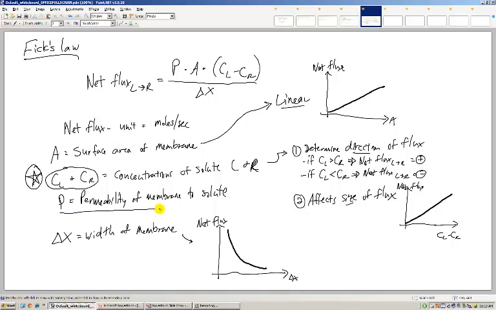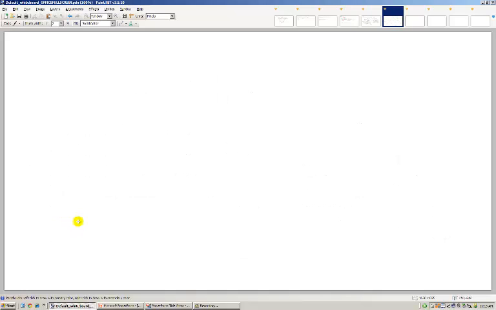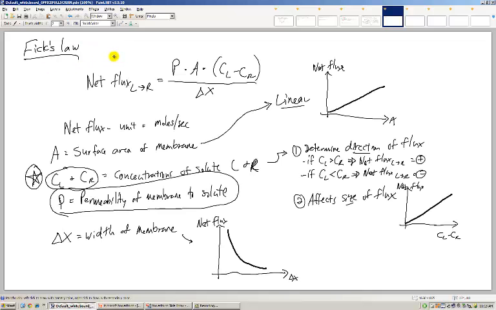And then permeability. Let's go to the next slide and talk about it. For permeability, again, it's in the numerator here. So you could replace the A with a P, and they get the same effect.